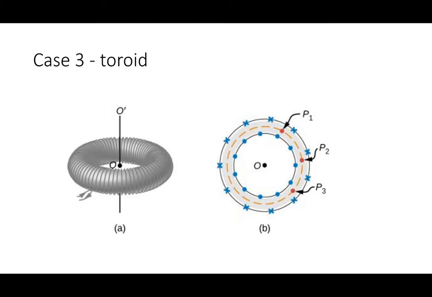In this case, the current is coming out on the inside bit, and then it kind of goes in like that. If you just draw the wires on top, it kind of looks like that.